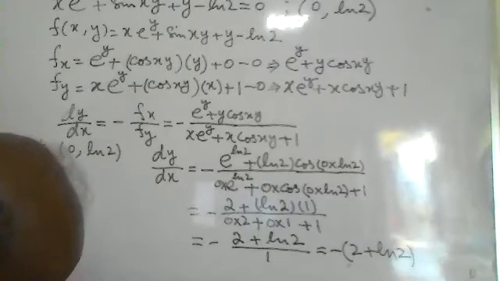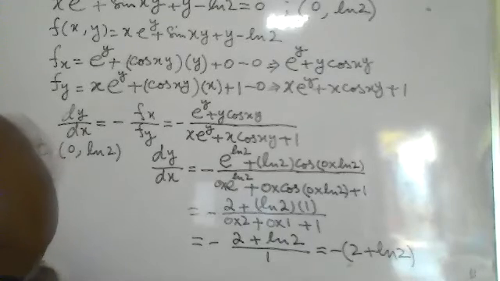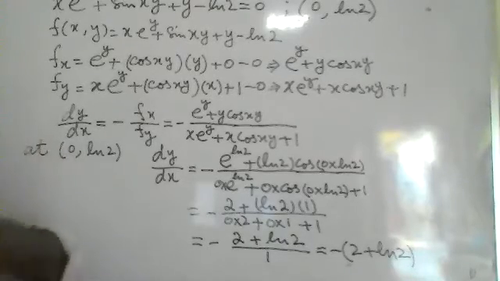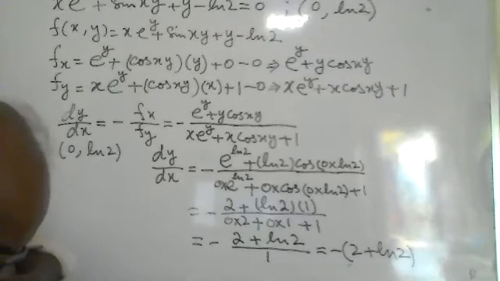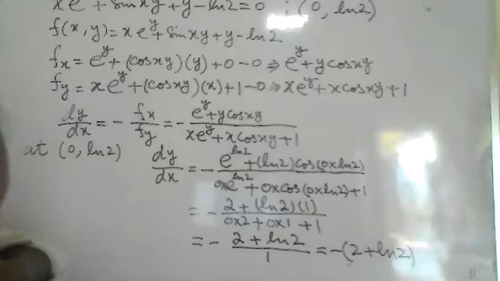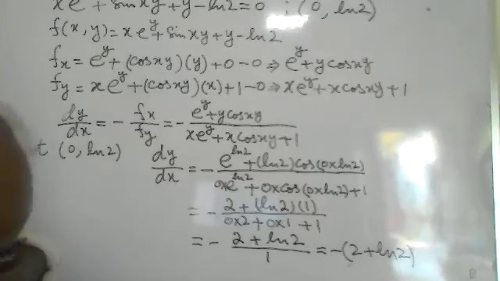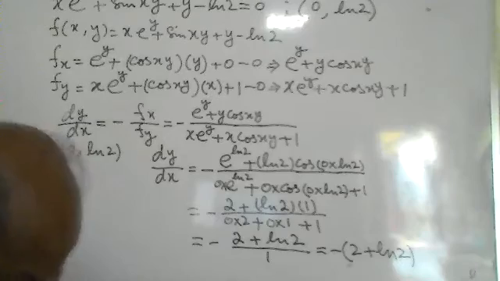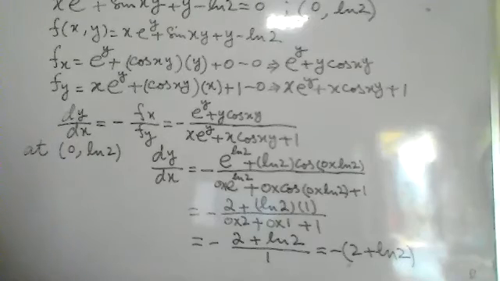Now we are doing three variables implicit differentiations. Question number 29. It is given that partial z upon partial x is equal to minus f of x upon f of z. I'm writing on the board.